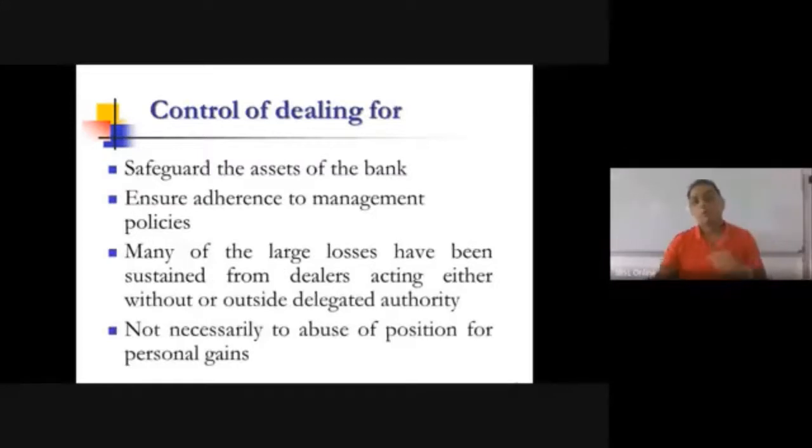So why do you have control of deals? To safeguard the assets of the bank and ensure adherence to management policies. In other words, you need controls to safeguard the bank from a reputational risk as well as from an overall risk in terms of impact on P&L.